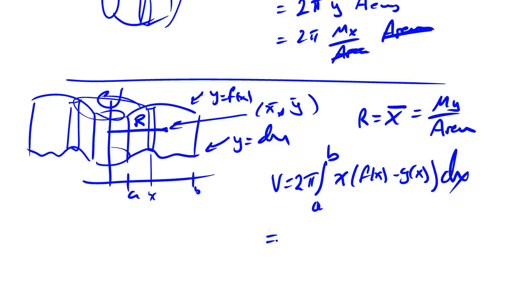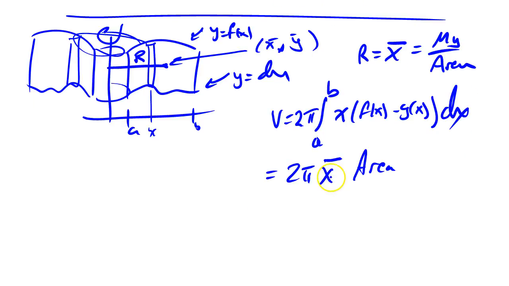By Pappus, this should be 2 pi times a radius, x bar, times the area. X bar, on the other hand, is calculated as my divided by the area, and then you multiply by the area.